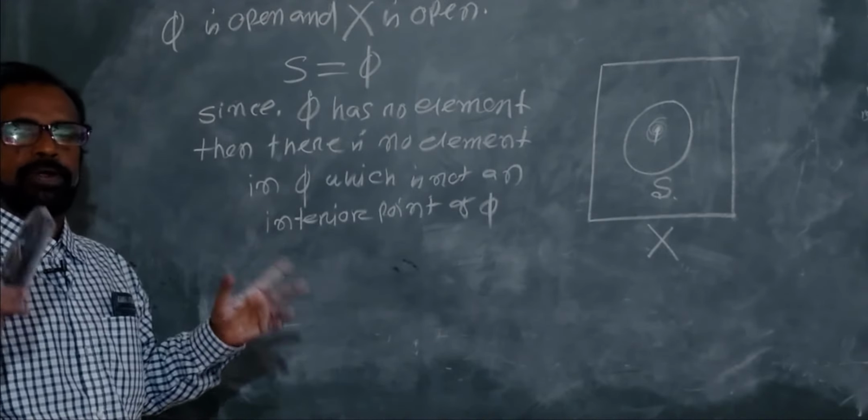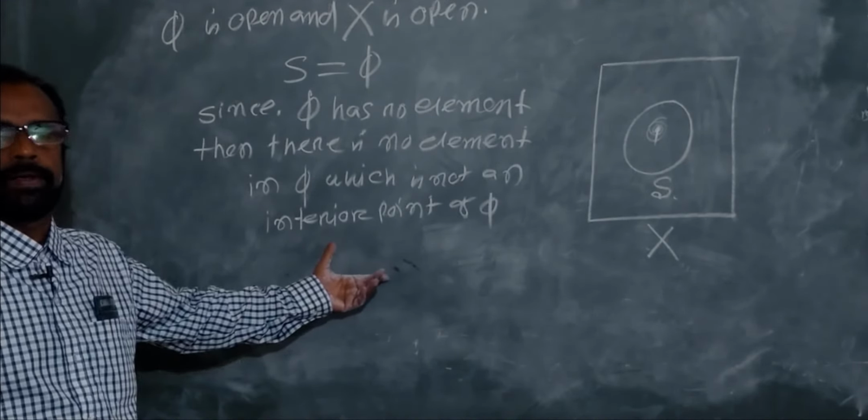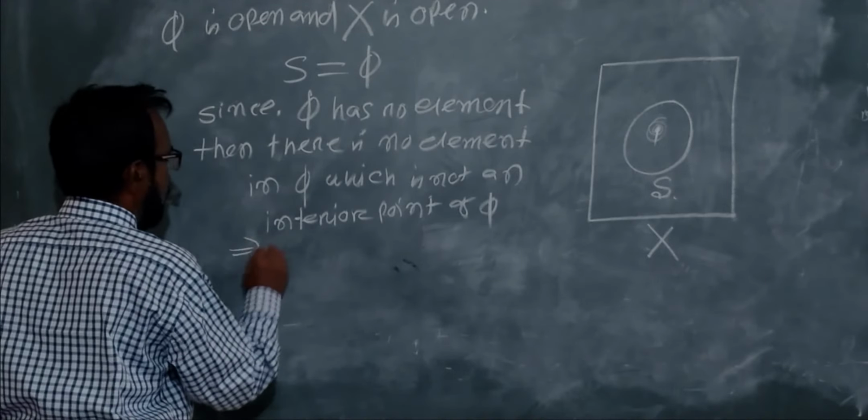That means every point of phi is an interior point of phi, which implies phi is open.